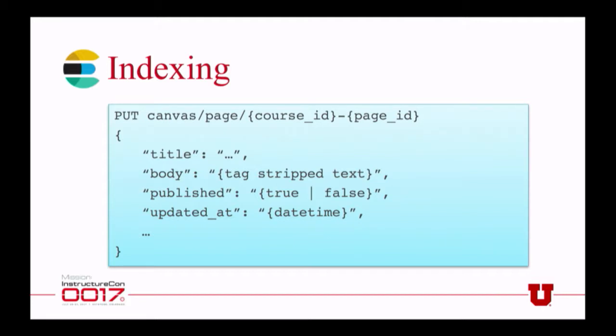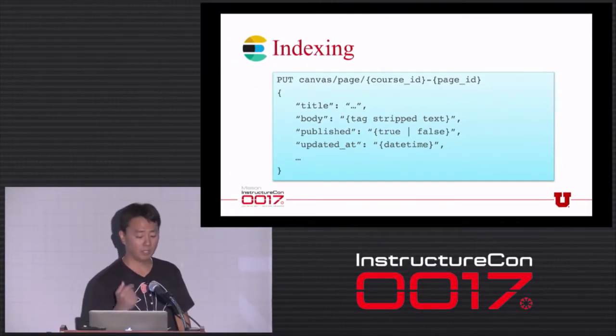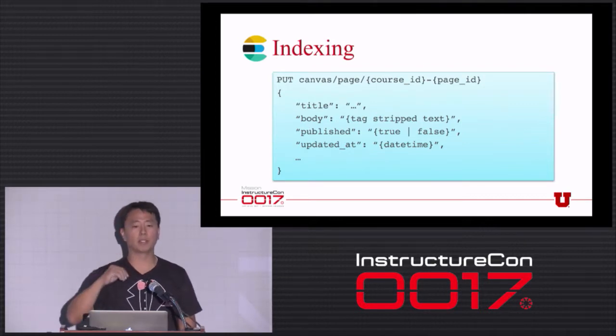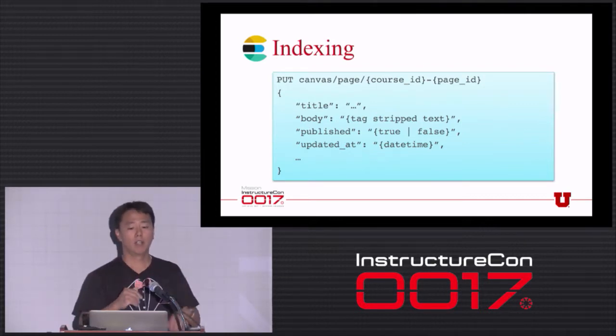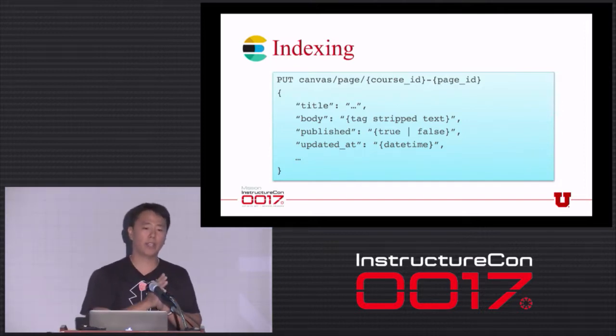With this simple project, I just put in the title from the Canvas course object and the body. Since a Canvas page, for example, has a lot of HTML tags inside it, I have a pre-process to take out all the HTML tags.